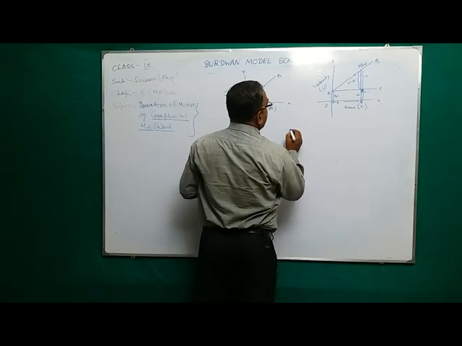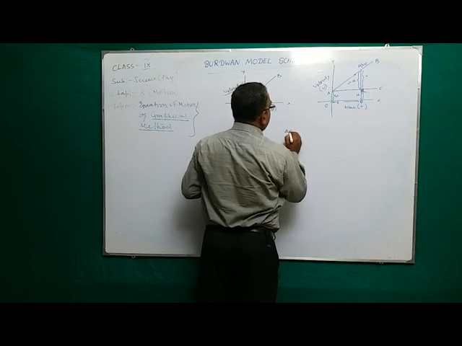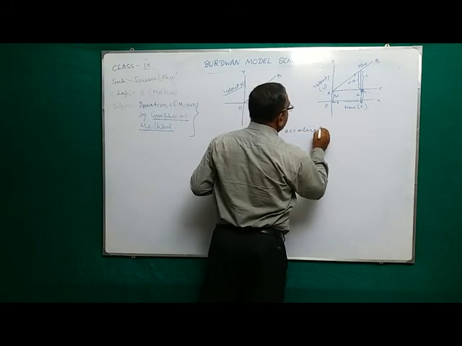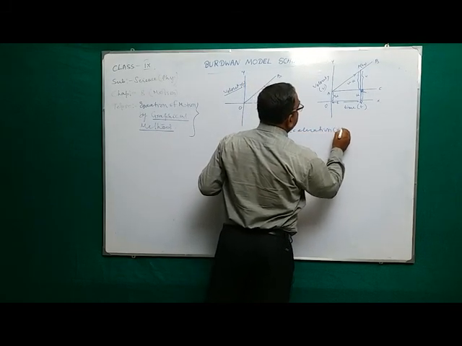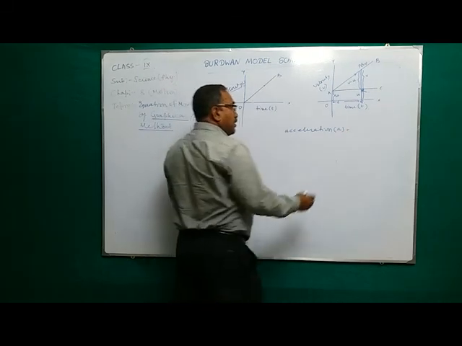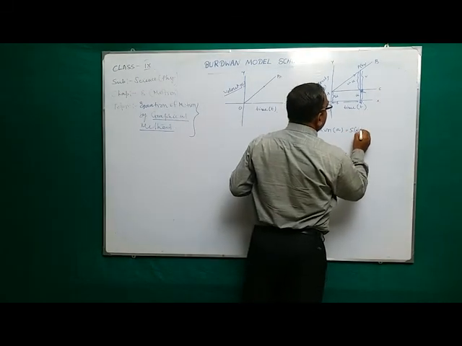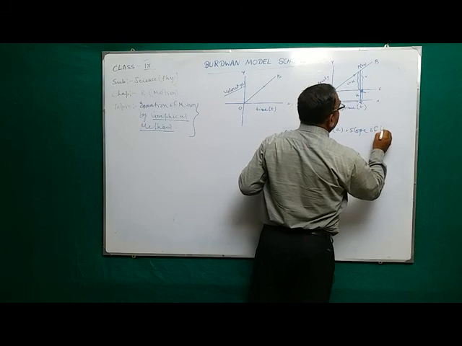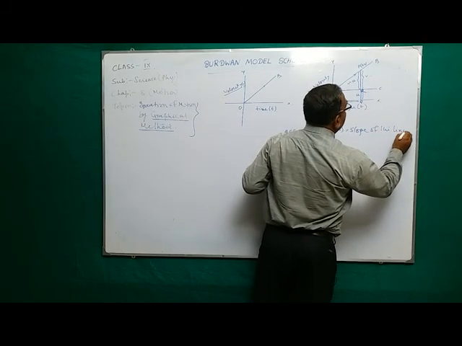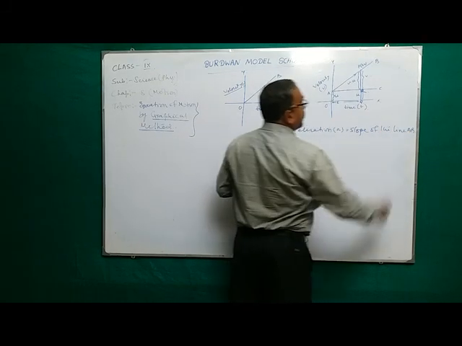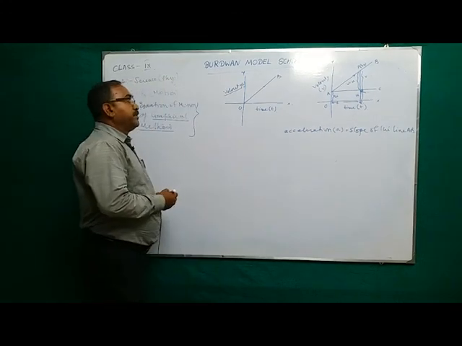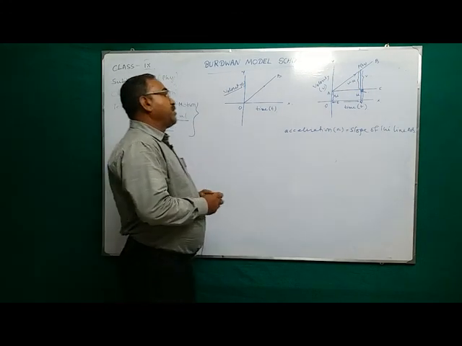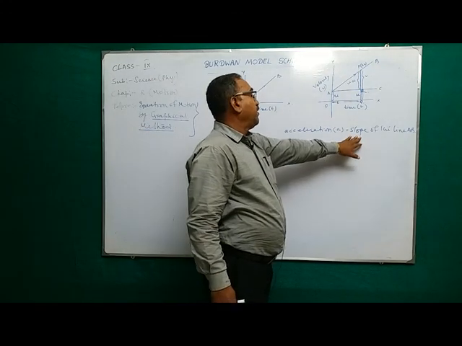Now, acceleration. Acceleration A equal to the slope of the line, the slope of the line AB. But remember, this is not in your syllabus.